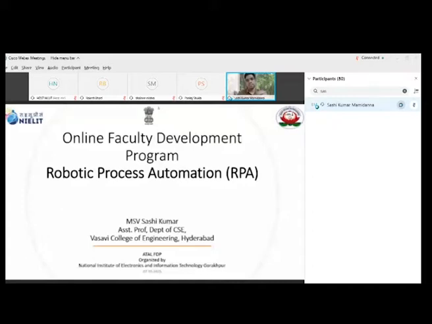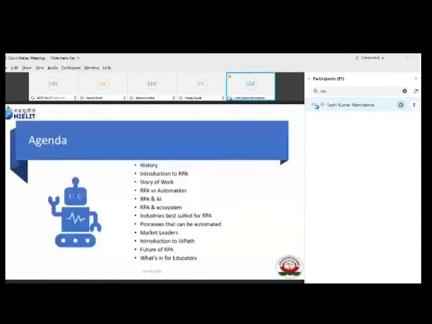And then do a small comparison of how automation is different from robotic process automation, and then move on with the focus on how RPA is going to leverage AI down the line.